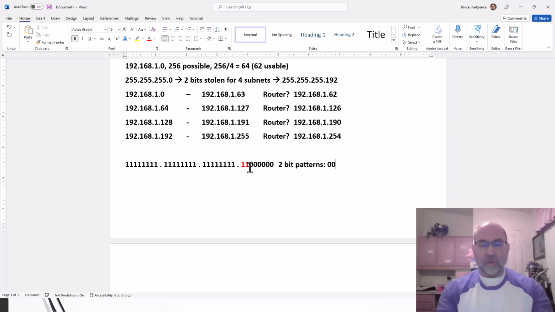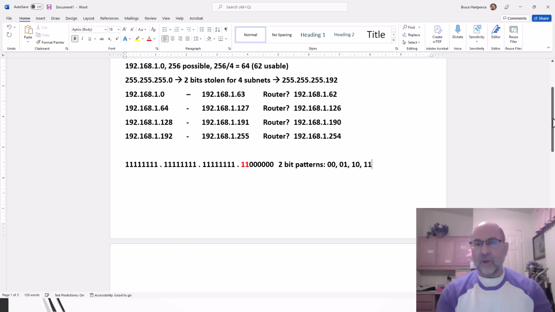Those would be 00, 01, 10, and 11. Now if I convert my address space into binary, I can automatically get the patterns by putting all zeros in the host portion and all ones in the host portion.